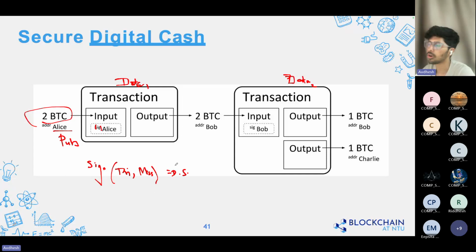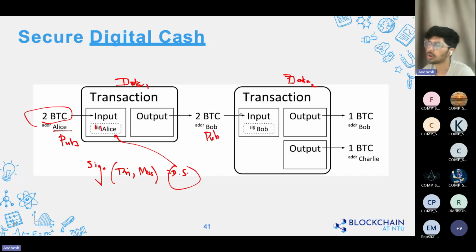This is the input that we have on this data one block. Now the output will be, if she wants to send this to Bob, that the two bitcoins will be sent to Bob's public address.